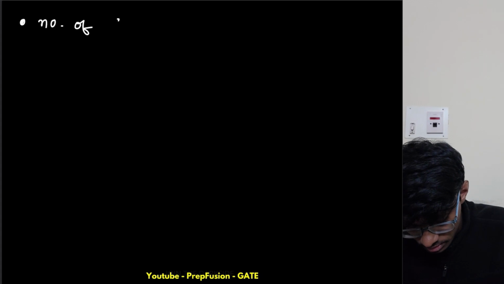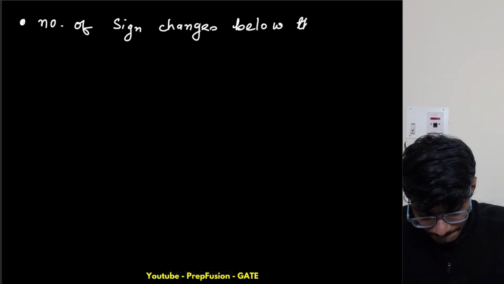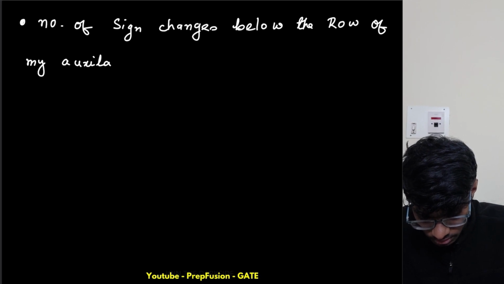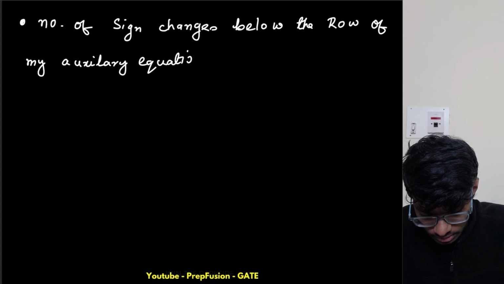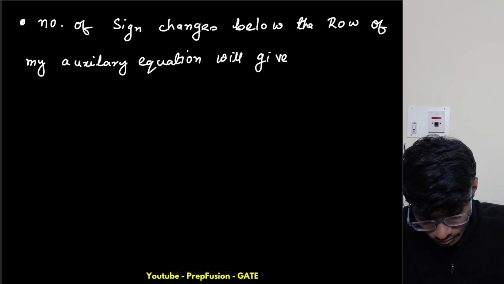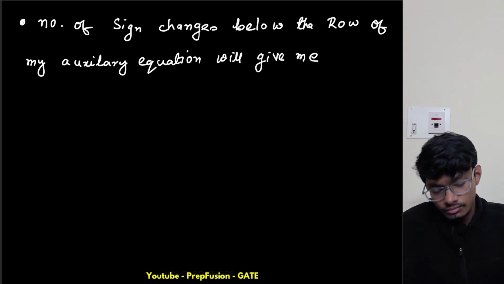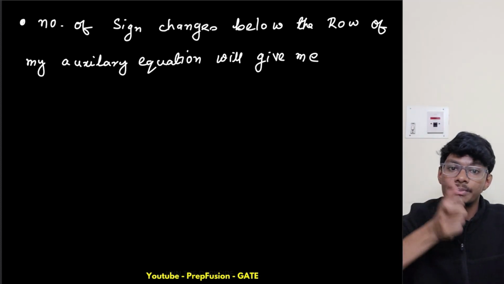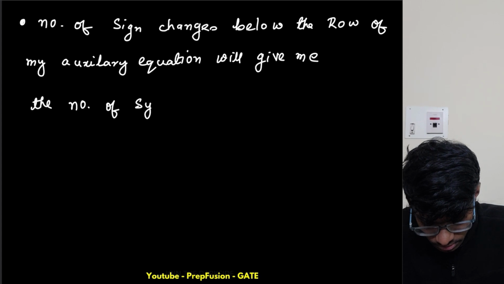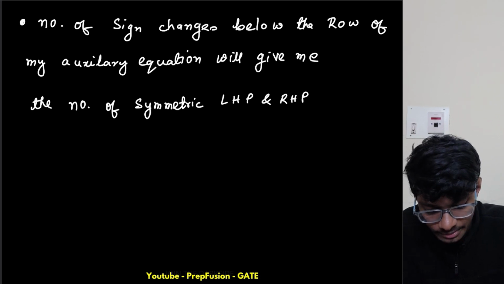The number of sign changes below the row of my auxiliary equation will give me the number of symmetric left half pole and right half pole pairs, basically pairs, right?